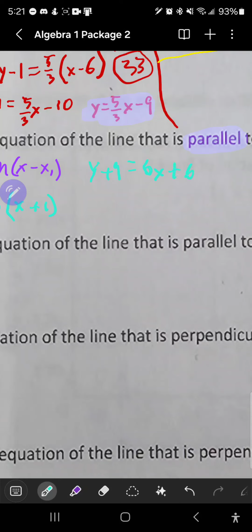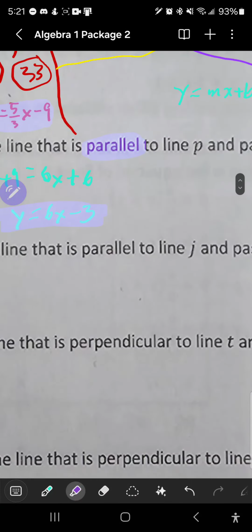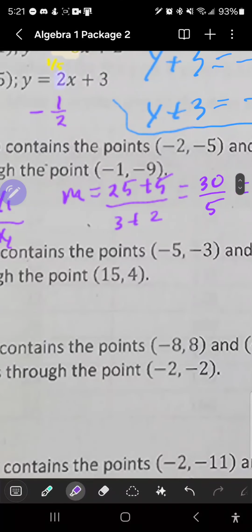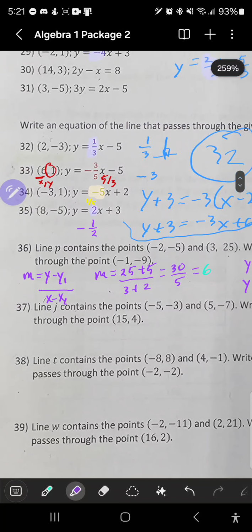Now we subtract 9 from both sides. 9 minus 9 is 0, so we have y equals 6x. 6 minus 9 is going to be -3. And this right here is our answer. This line is parallel to the other line and passes through the point -1 comma -9.